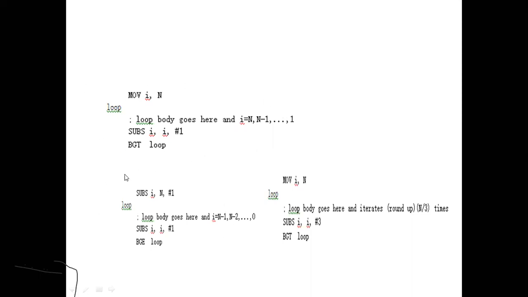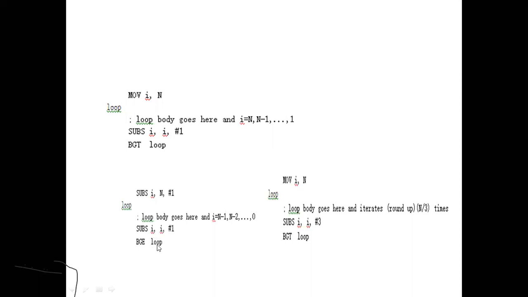Here is one more example which counts from n to 0. Initially we subtract 1 from I, and the value is stored back into I itself.